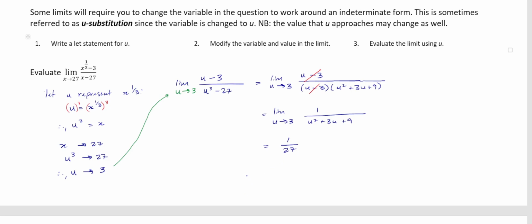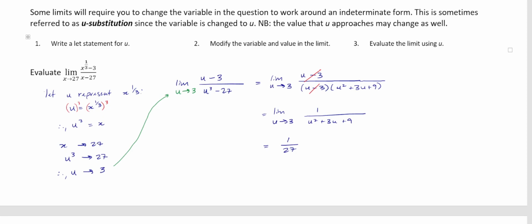So just to review, I look at this term right here, x to the power of 1/3, and I say let u represent x to the power of 1/3. If u is equal to x to the 1/3, then u cubed would just be x.